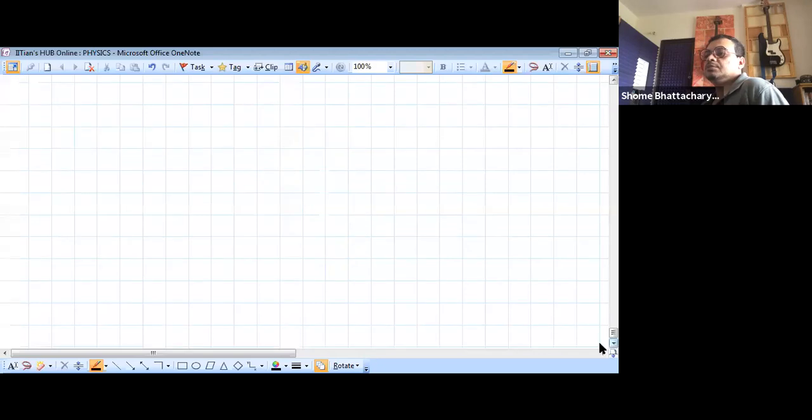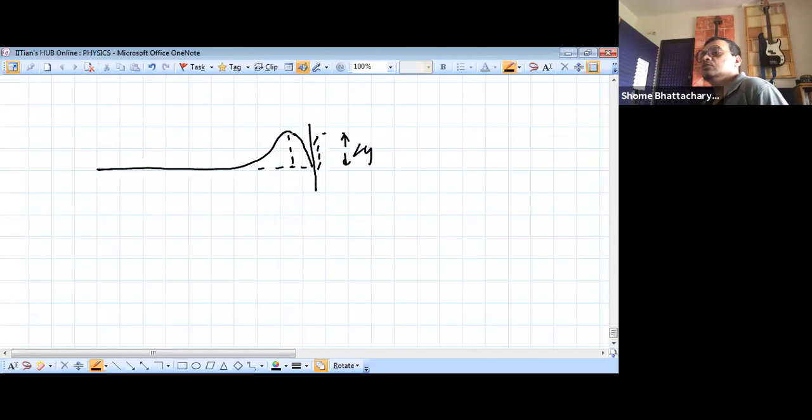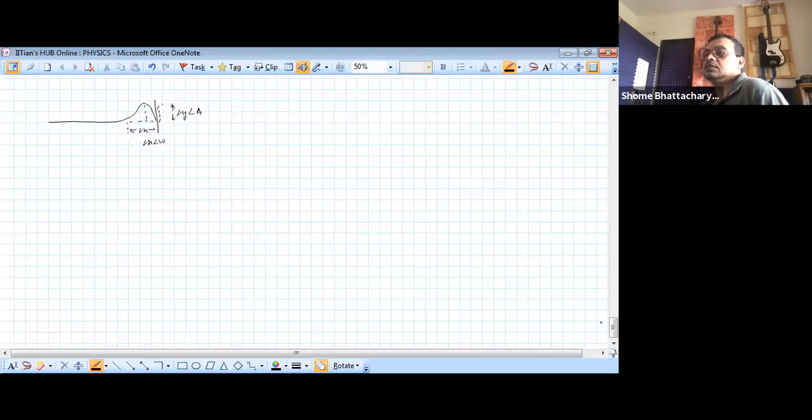The actual shape of the medium has become like this. So this amplitude, this delta y has also become less than P. And obviously this whole delta x is less than W. So that's how the shape of the medium has changed.